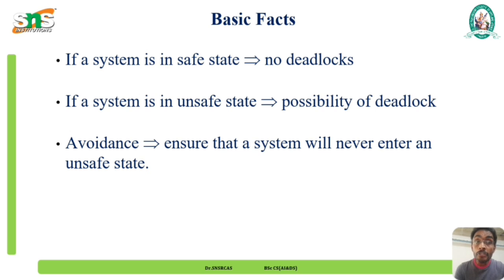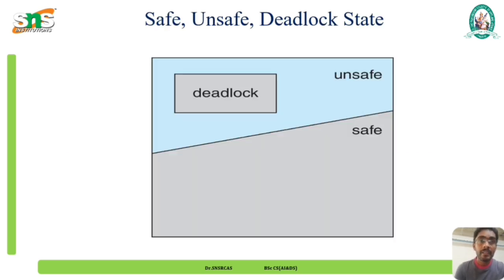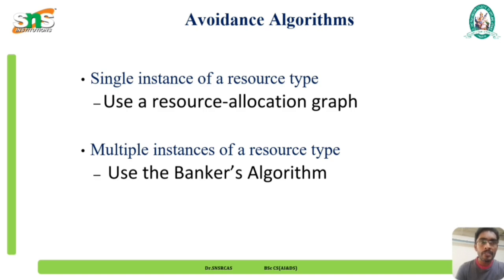You are supposed to ensure the system never enters into an unsafe state. Here is a simple diagrammatic representation of the three different states: safe, unsafe, and deadlock state. If a system is in a safe state, then there is no deadlock. Inside the unsafe state, the deadlock state is a subset of the unsafe states of the system.